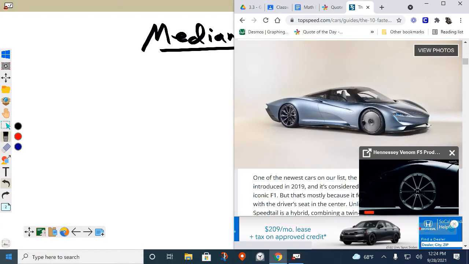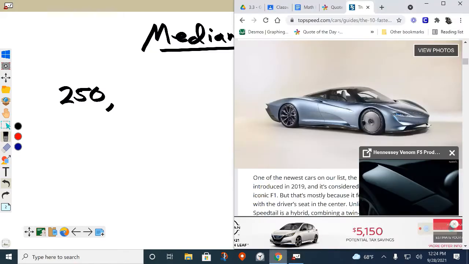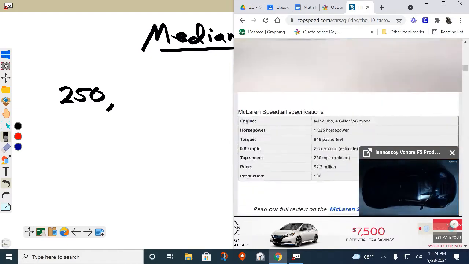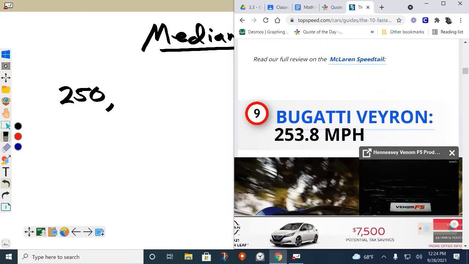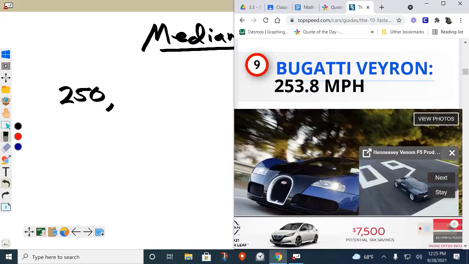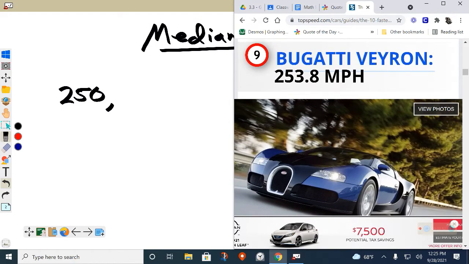Okay, so the McLaren is 250. I'm going to write this down. They come in at number 10. That's the top speed. Number 9 is the Bugatti Veyron. Its top speed is 253.8.